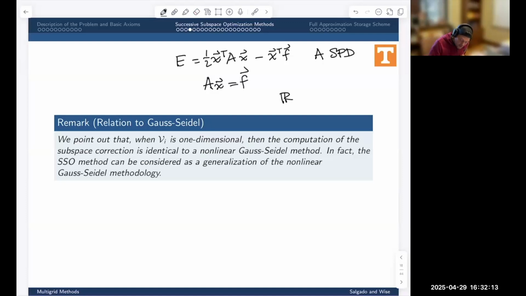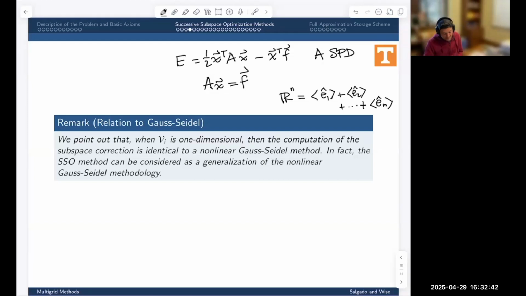I'm going to choose Rn to be equal to the space spanned by E1 hat plus the space spanned by E2 hat plus ... plus the space spanned by En hat. So you're just taking the various directions and decomposing Rn like this.